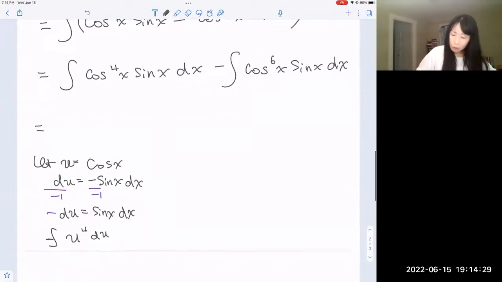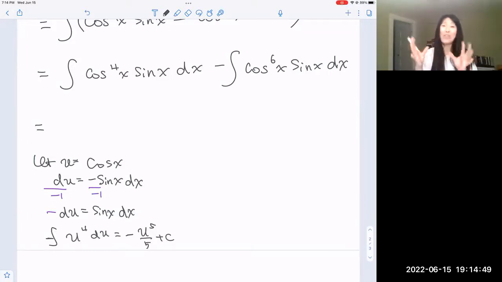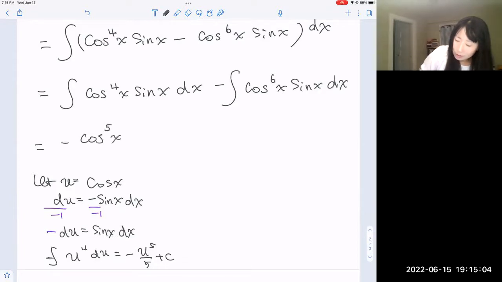So we integrate u to the fourth power. We get confused, we were confused yesterday too. So u was the cosine, right? So we put the negative sign in this case, and cosine to the 5 over 5.